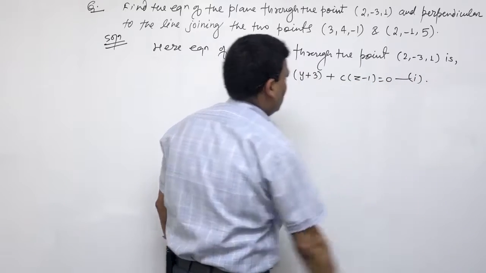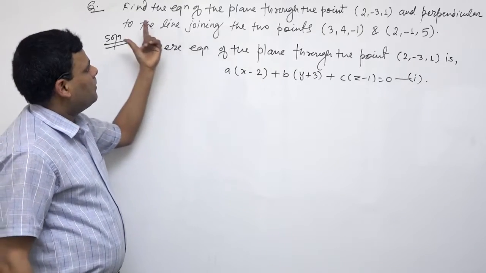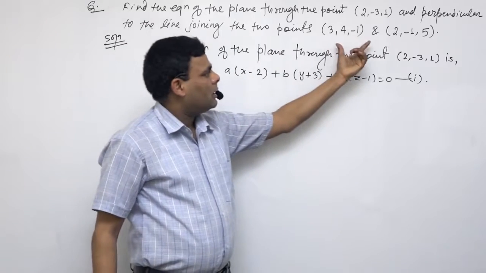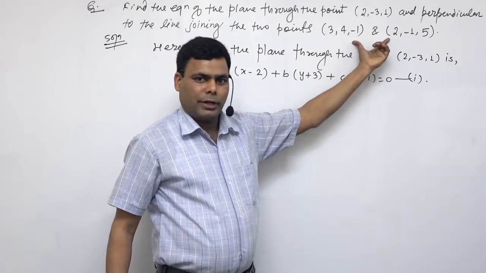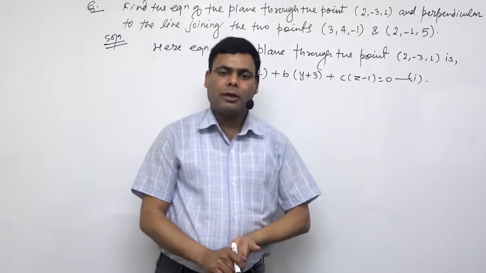Let it be 1. Now this plane is perpendicular to the line joining the 2 points 3, 4, minus 1 and 2, minus 1, 5.